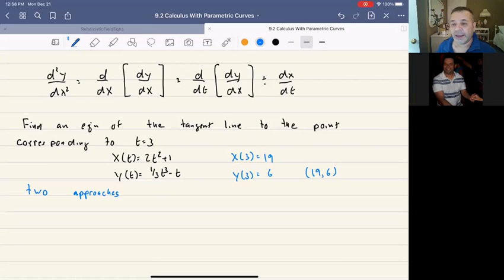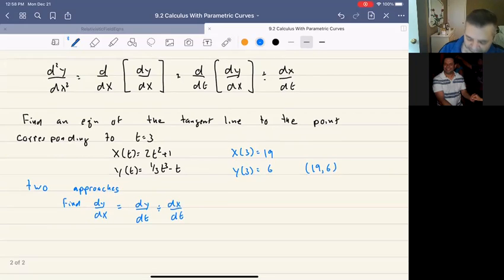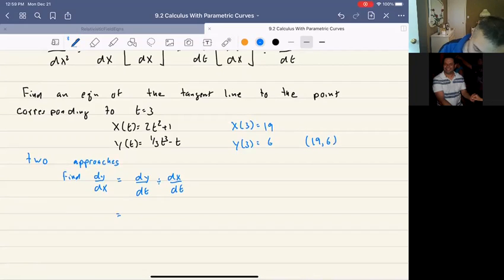Next, the first thing we're going to do this way is find dy/dx. Remember, dy/dx is dy/dt divided by dx/dt. That's going to be (t² minus 1) divided by 4t.